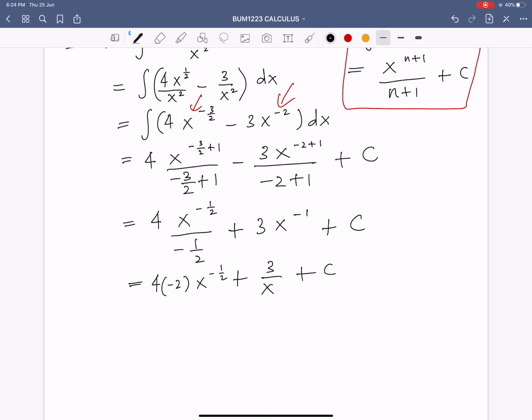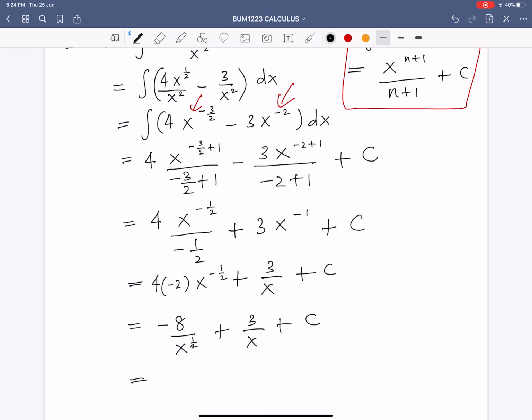and this is equal to negative 8. Remember, we don't want negative power in our final answer. Therefore, we can rewrite it as negative 8 over x power of 1 over 2 plus 3 over x plus c.